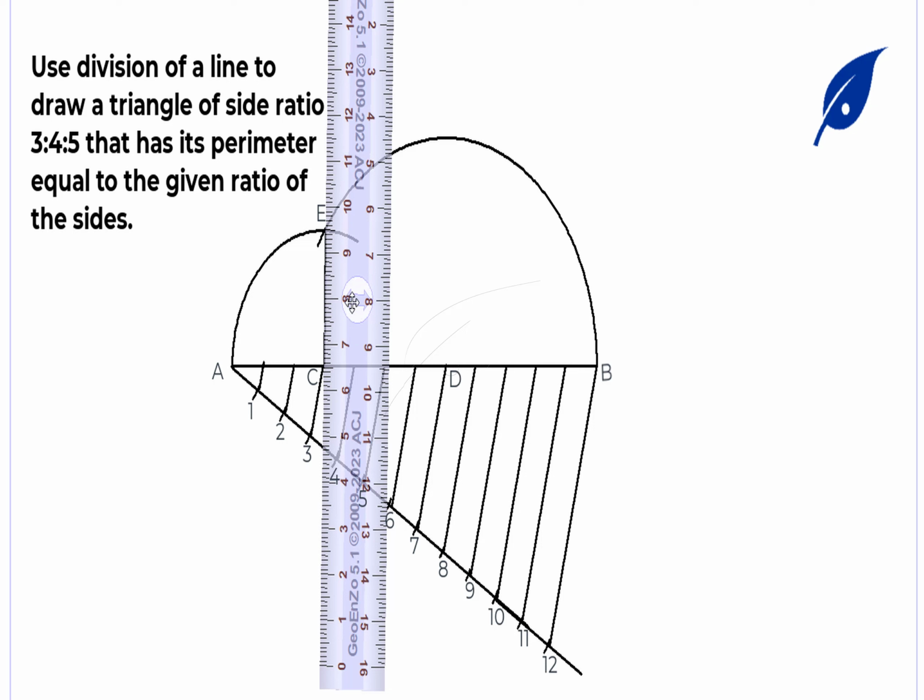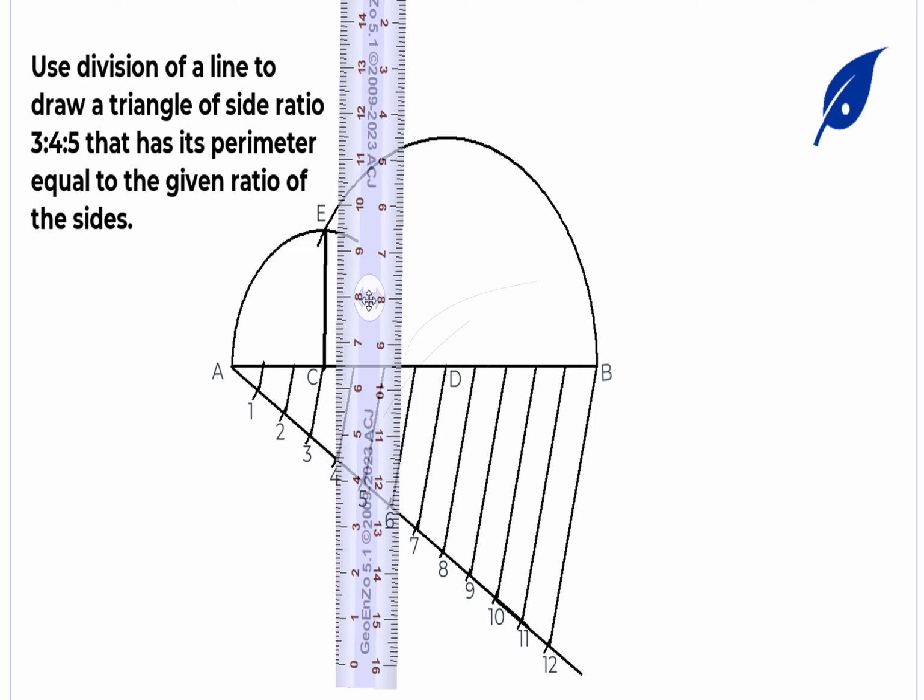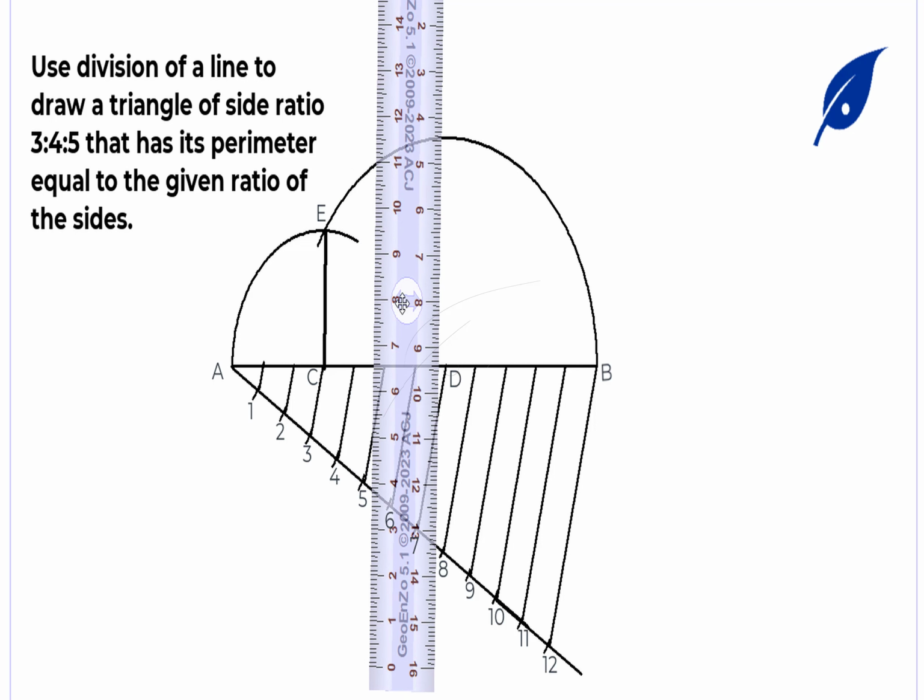Then after that, we'll turn our ruler so that we can connect it. Since this is the last or the major part of our drawing, we need to make it bold.